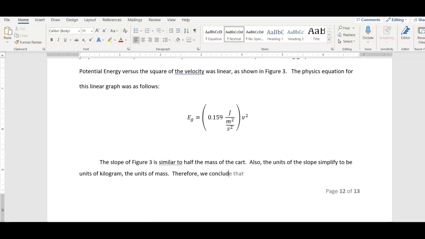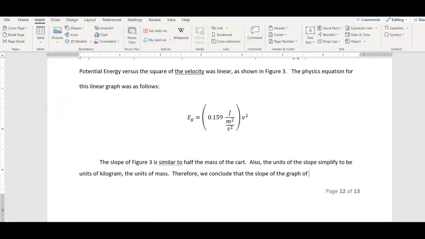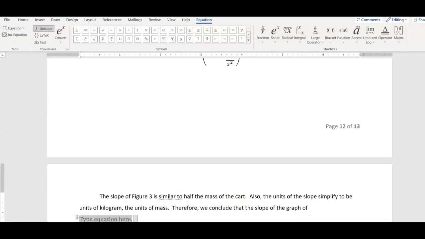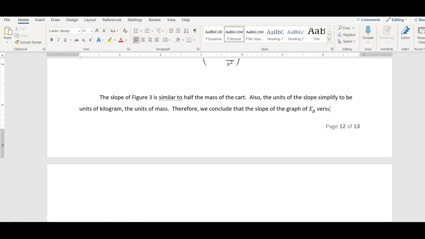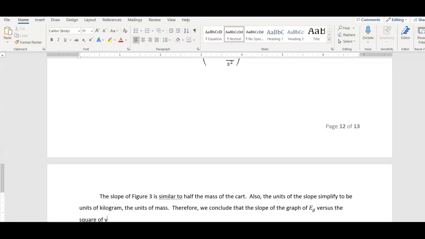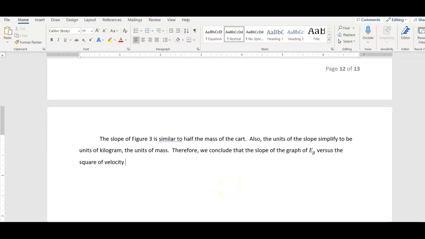we conclude that the slope of the graph of the gravitational potential energy versus the square of velocity has a physical meaning, which is half the cart's mass.